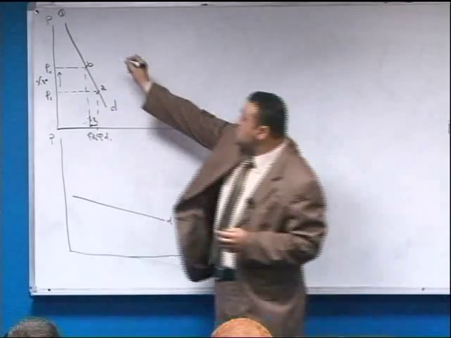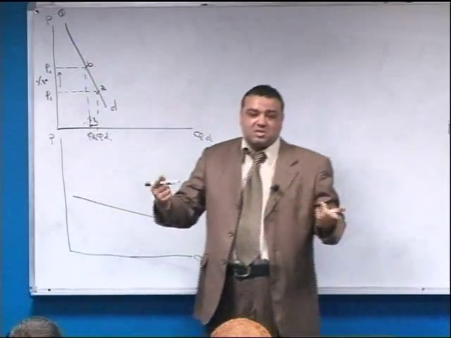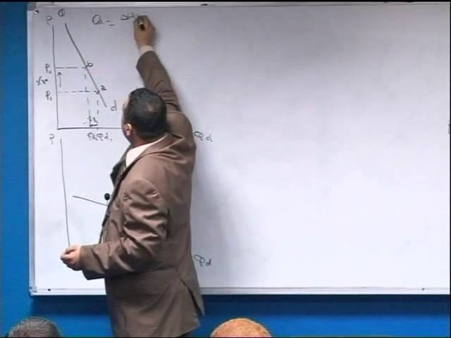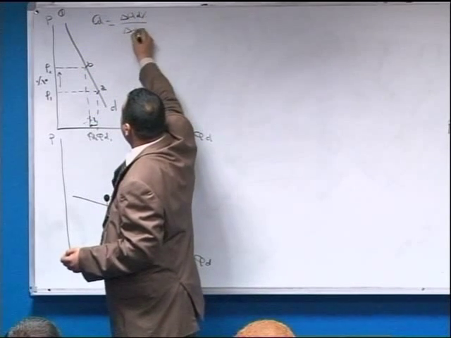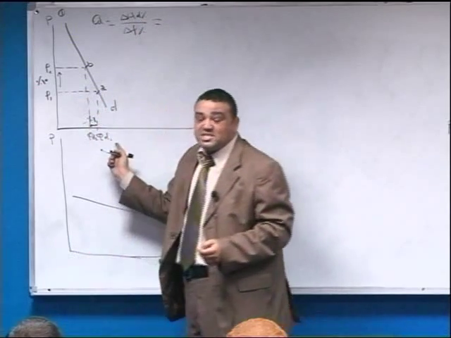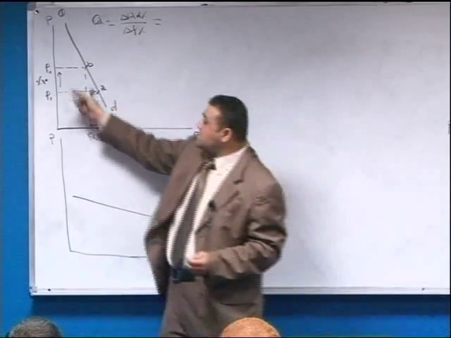So let's calculate the price elasticity of demand. ED equals delta Q percent over delta P percent. The reduction in quantity demanded is smaller than the increase in the price.